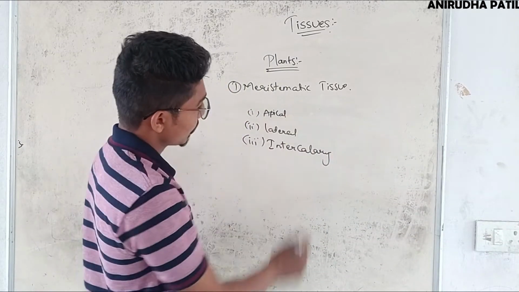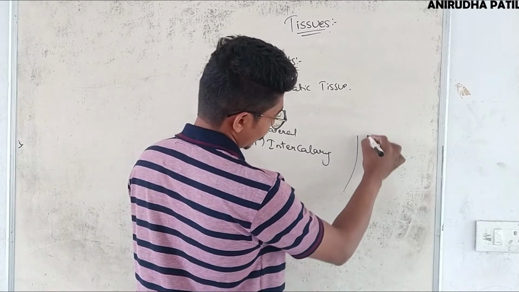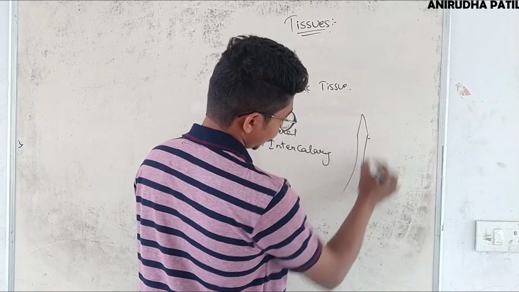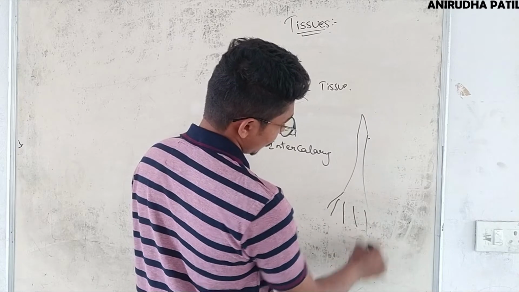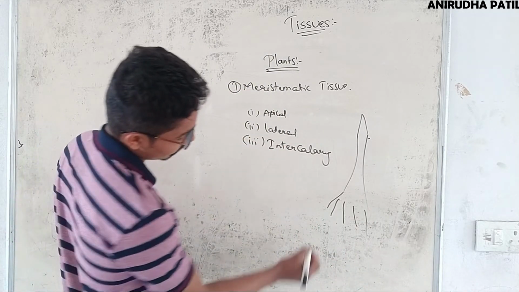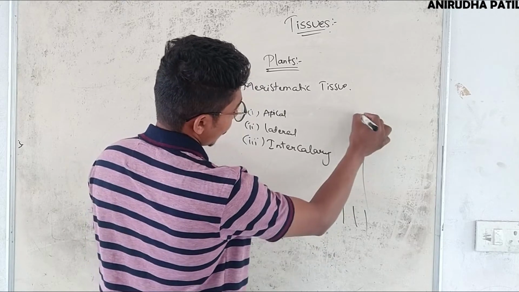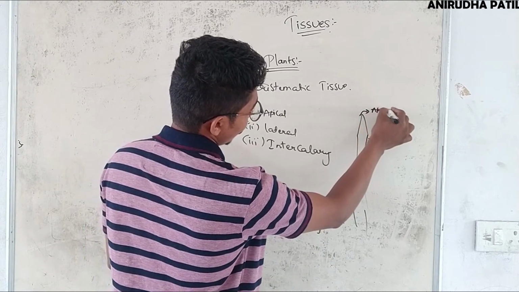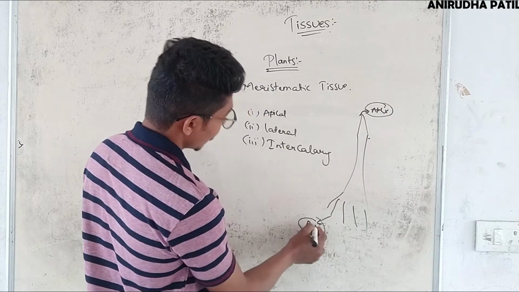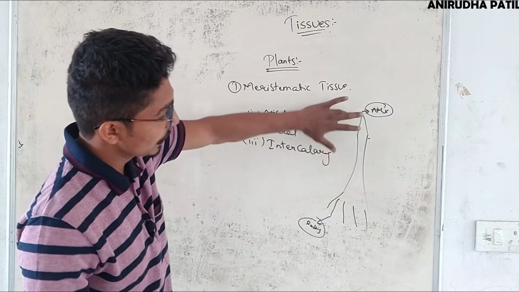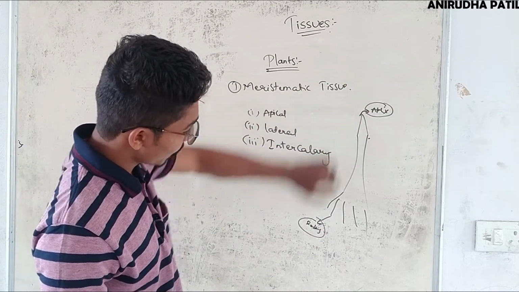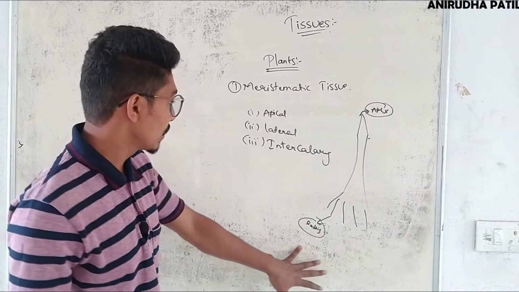Apical meristematic tissue: suppose this is a plant, and these are roots. Apical meristem is present in the roots and at the apex. In both these parts, apical meristem tissue helps in the growth of the tip of the plant and also the roots, which require a faster rate of growth.